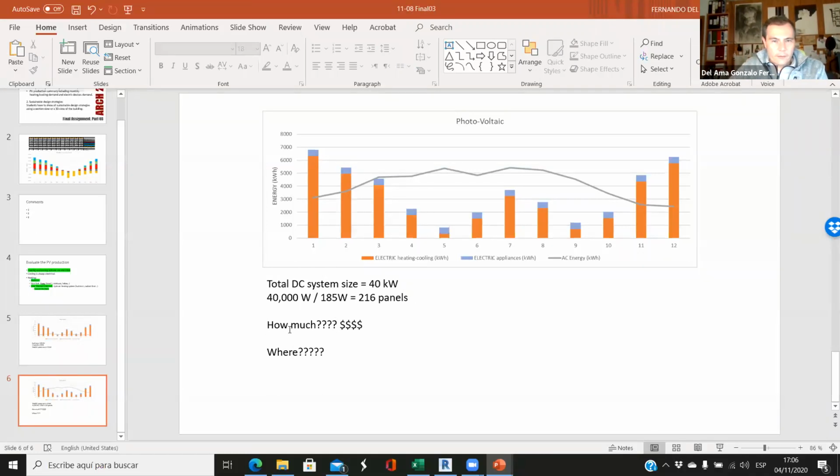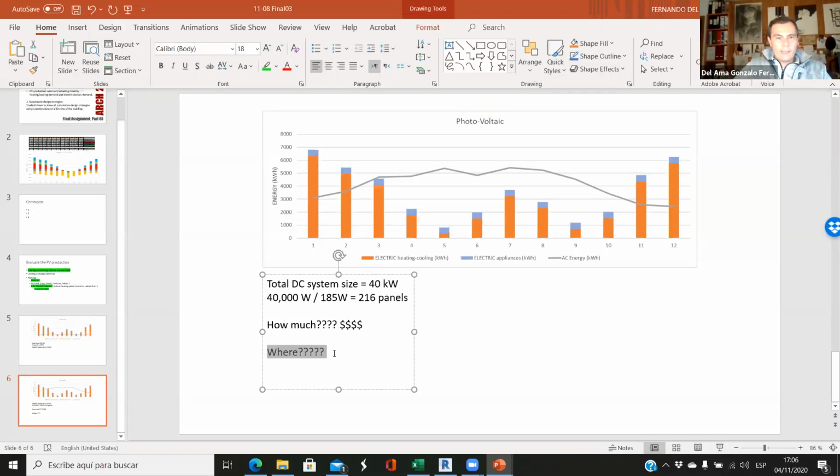This can be the first, or the second, or the other way around. Where do we have enough site? Do we have enough place in our site to place 216 panels? And where does it affect the project? Does it affect the landscape?